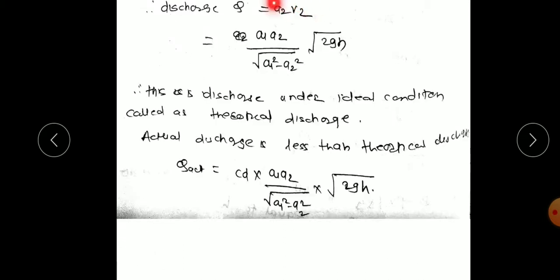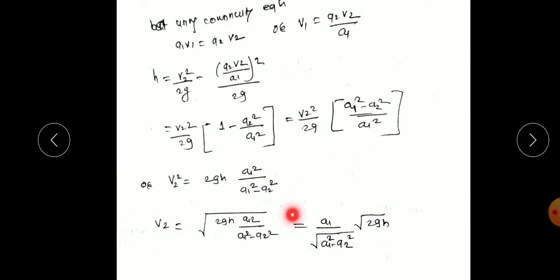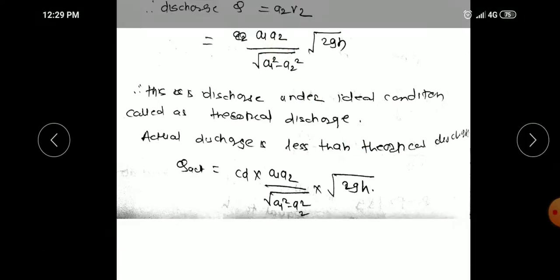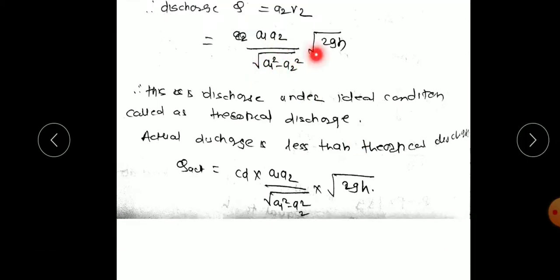Again, discharge we know is equal to A2 V2. Putting the value of V2 we have calculated, we get A1 A2 square root of A1 square minus A2 square, times root 2GH. So this is the important formula for the venturimeter.